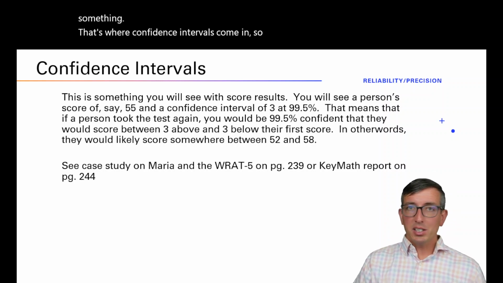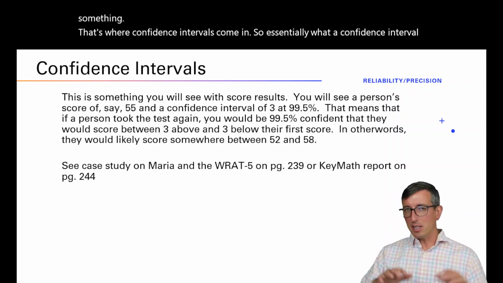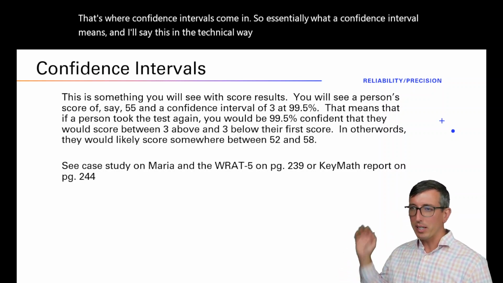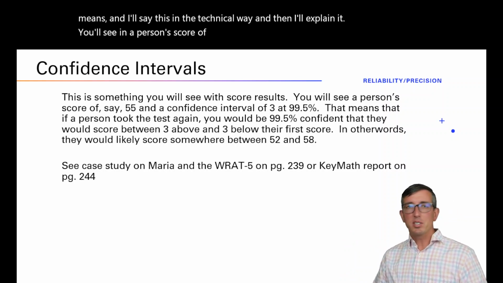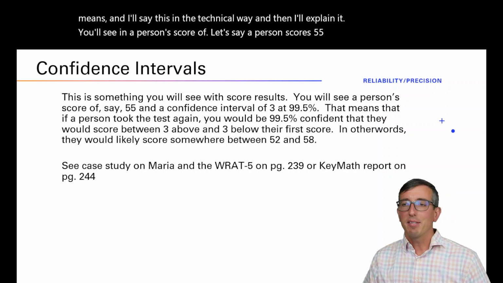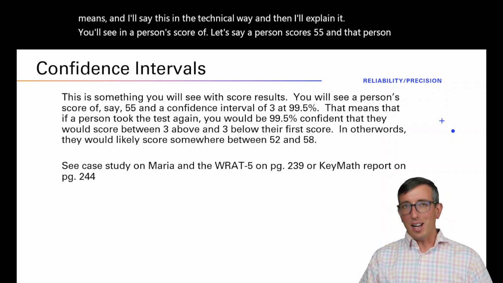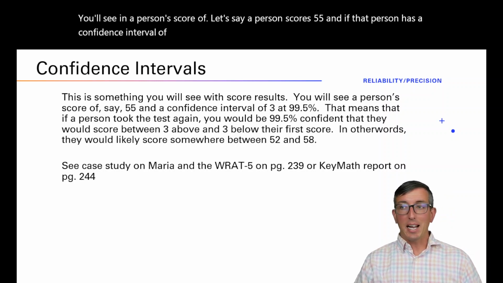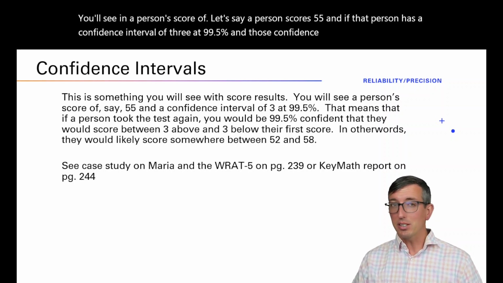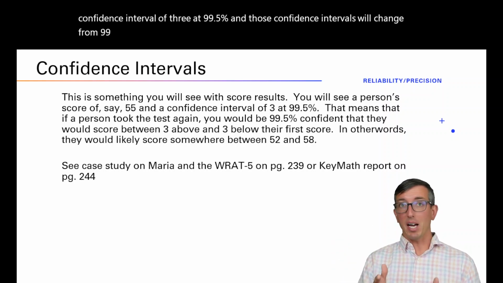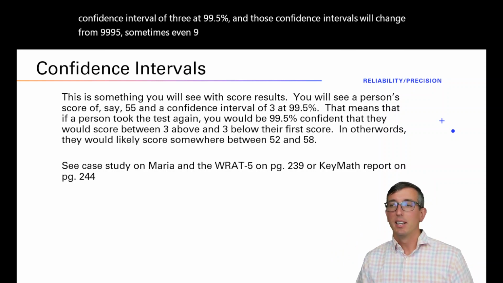So essentially what a confidence interval means, and I'll say this in the technical way and then I'll explain it. Let's say a person scores 55, and that person has a confidence interval of 3 at 99.5%. Those confidence levels will change from 99, 95, sometimes even 90, depending.